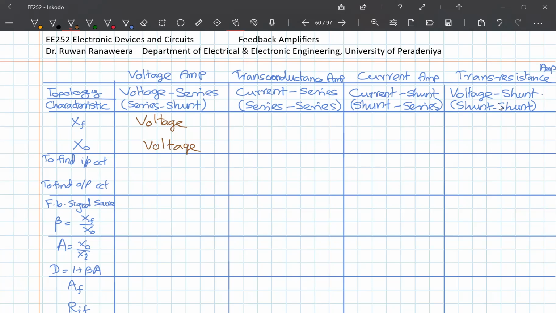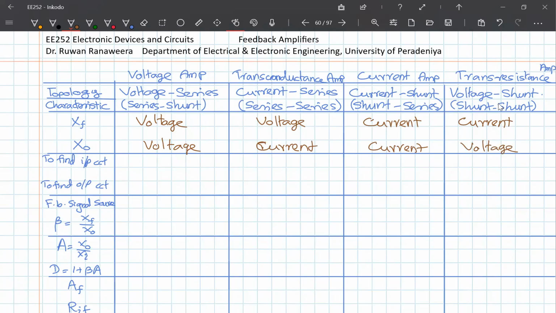And for the transconductance amplifier, the output is a current, but the input is a voltage. Likewise, for the current amplifier, both are currents, input and output. And for the transresistance amplifier, input is a current, but output is a voltage. Okay, like we know.